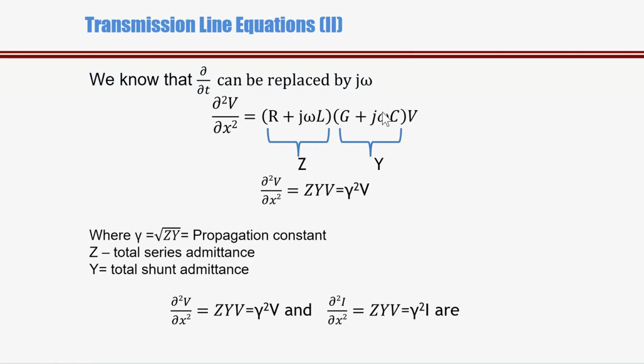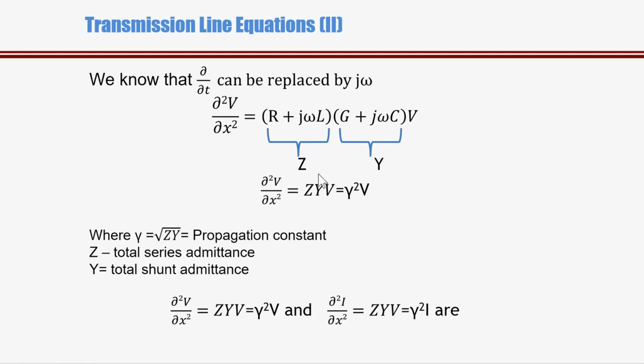G plus j omega c is nothing but the admittance of the parallel branch, multiplied by v. Again, if I replace this by z and y, then I can write this equation as dou 2v by dou x square is equal to z into y into v. So voltage at any distance is represented in terms of impedance and admittance parameters.